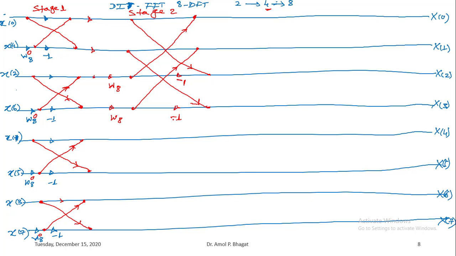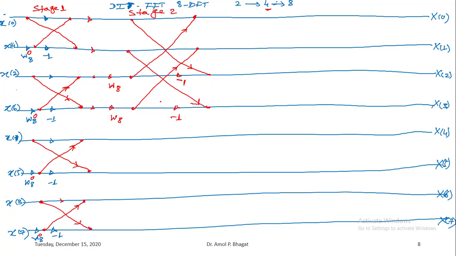Okay, whatever outputs you are getting here will get multiplied with these twiddle factors. Then it will get multiplied by -1. Then this multiplication result will get summed with whatever results you are getting from these lines.